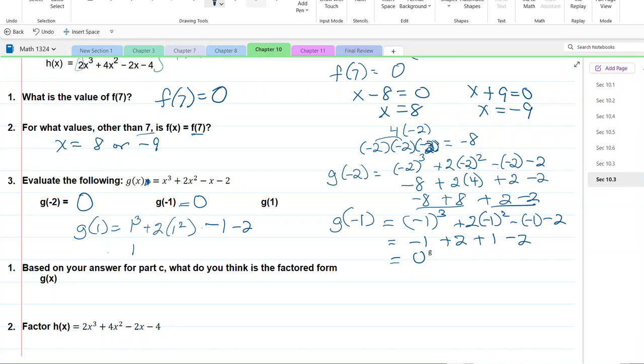Okay, well, this is 1. This is 2, negative 1, negative 2. Well, this is also 0. So what this tells us is that these are factorable items, all right? So based on the one above, what do you think the factored form of g is?